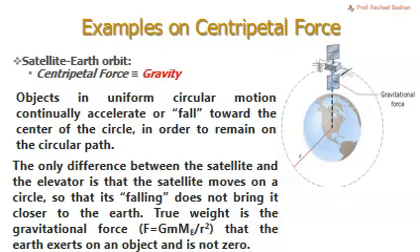As you see in this example, the only centripetal force that acts on the satellite to make it revolve with uniform motion is the gravitational force, F equals G, M, the mass of the satellite, and big M, mass of the Earth, divided by R squared, where R is the distance between the center of the Earth and the satellite in its orbit.